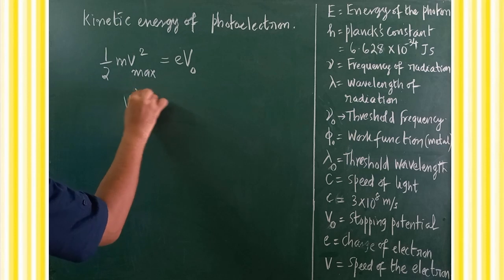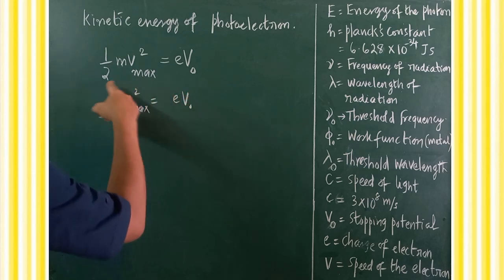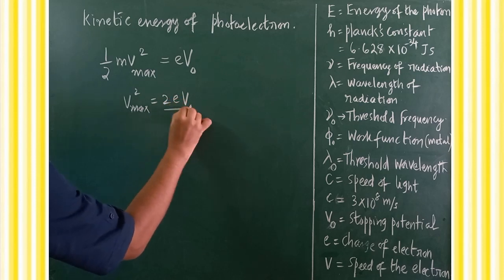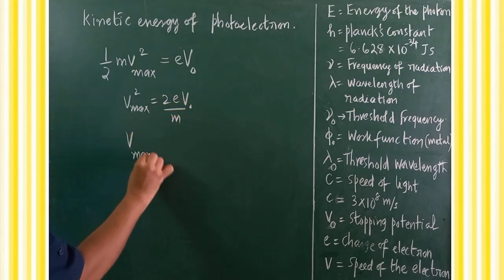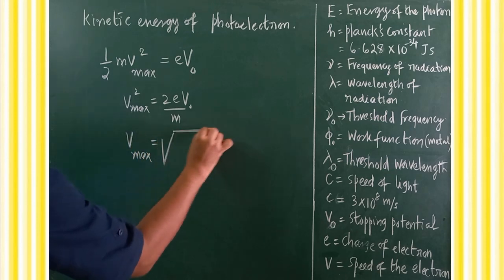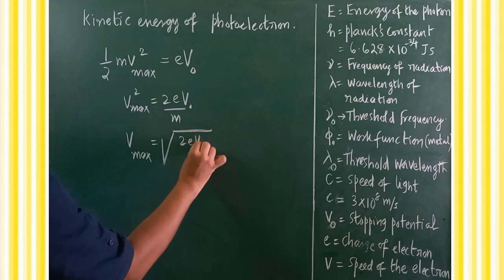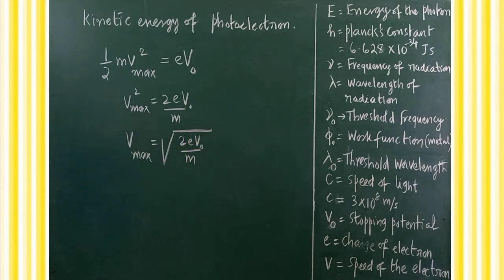Since square is there, eV naught can be written as it is, and cross multiplying the 2, divided by m. In the next step we can write V max square, so V max is equal to square root of 2eV naught divided by m. So this is a formula to calculate the maximum velocity of the photoelectron.